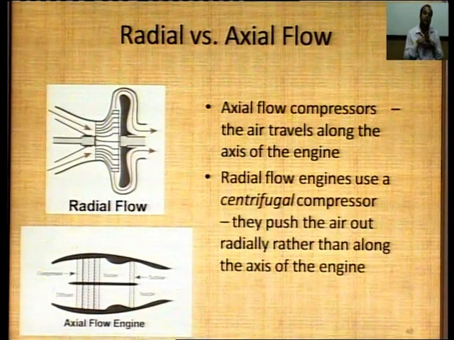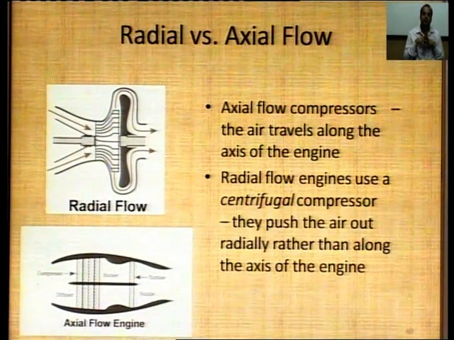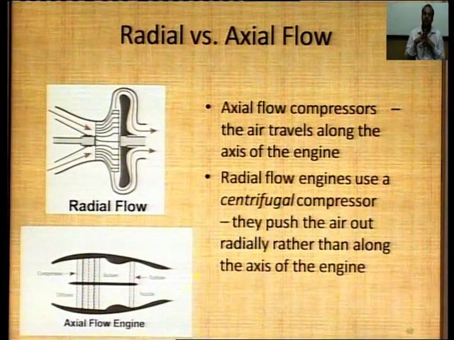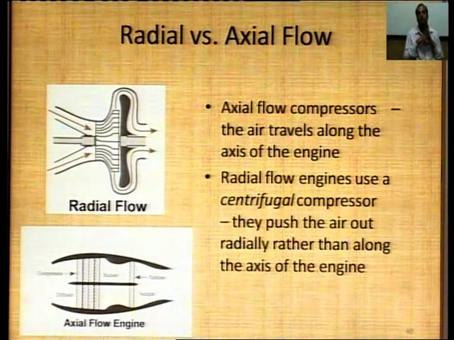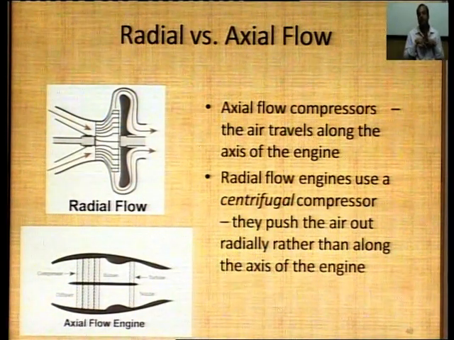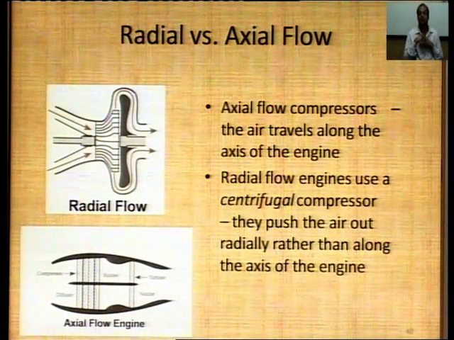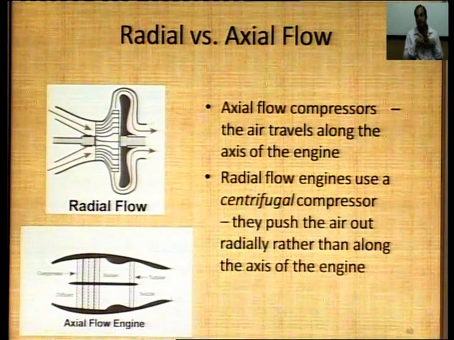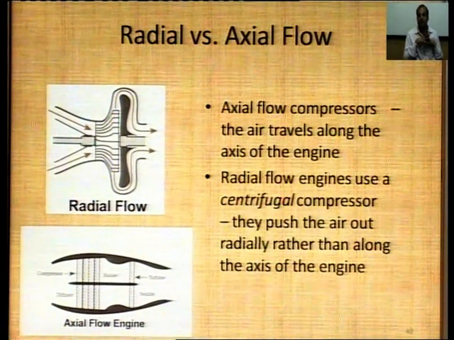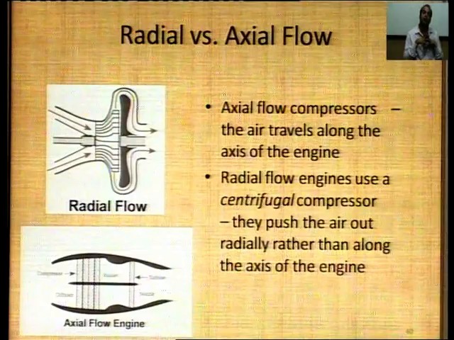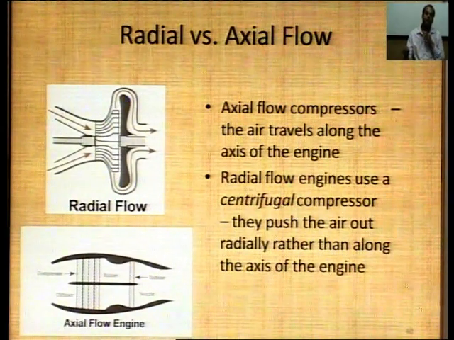Here are some other classifications. First is known as radial flow, second one is known as axial flow. Let me discuss the differences between radial and axial flow. In axial flow compressors, the air travels along the axis of the shaft.